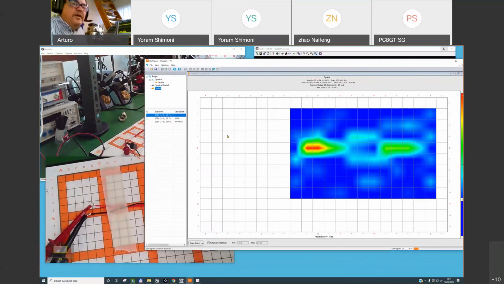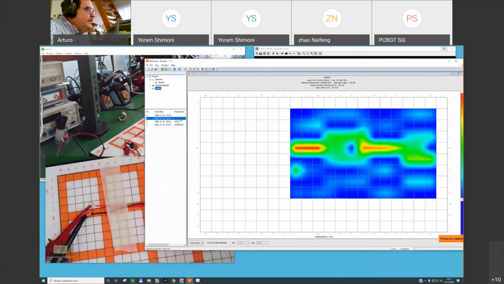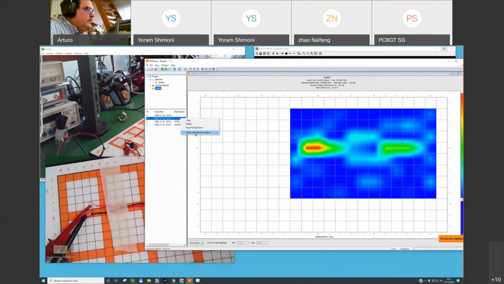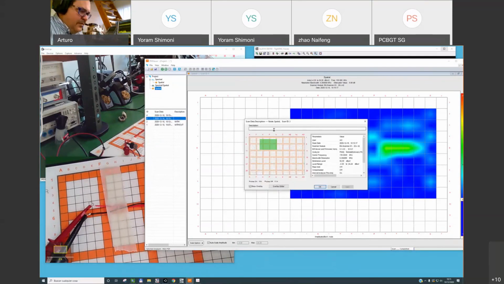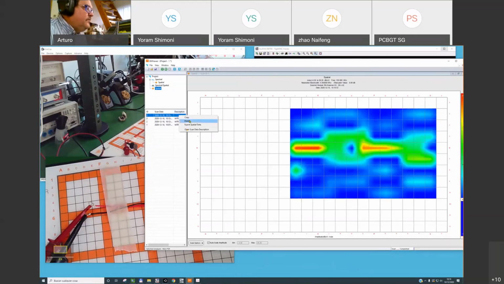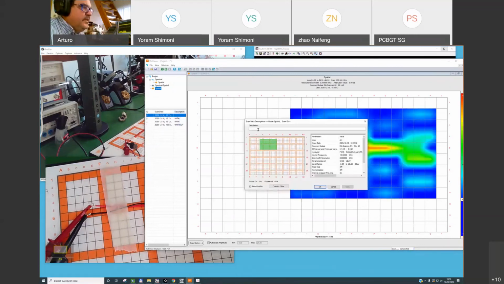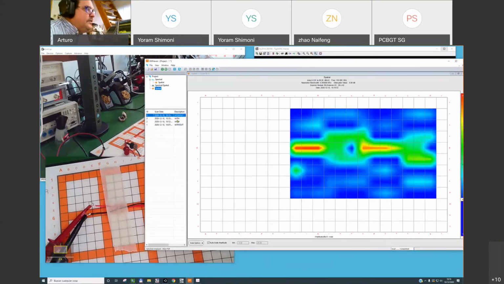So we will be able to really compare the effect of the ferrite in the common mode. Okay, now this is with, and this is without. This is without, but now only in the area of interest.